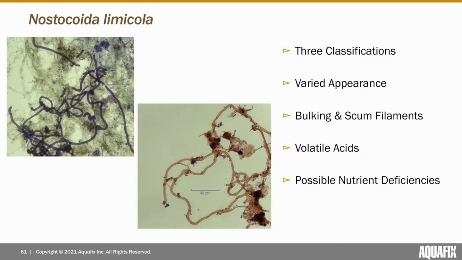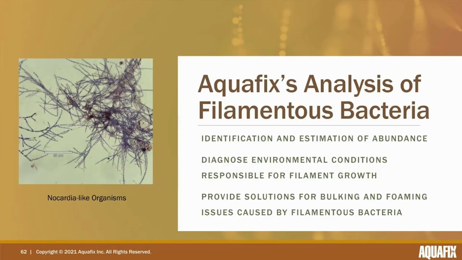Because of this, additional observations from a sample are needed in order to determine the most effective treatment for these filaments. After filament identification and estimation of abundance, we're able to determine the environmental conditions present and what is responsible for their growth. Using this information, we're then able to determine a solution to the problems filaments may be causing.